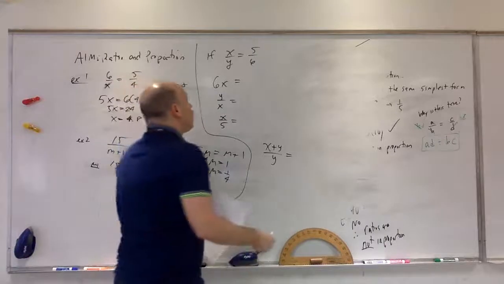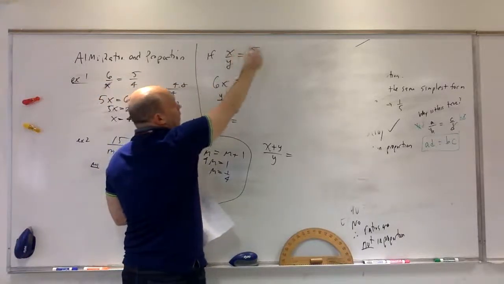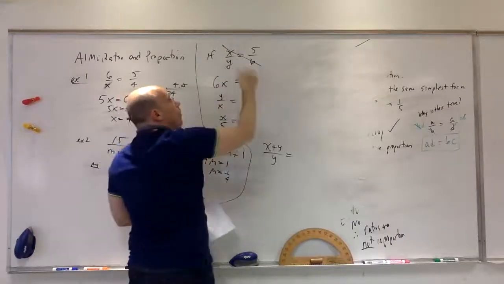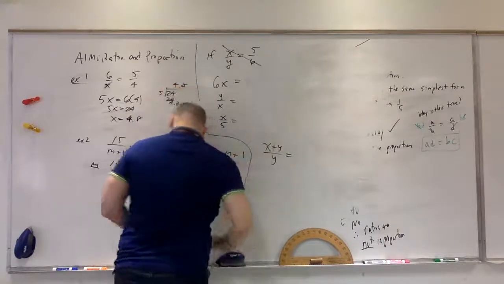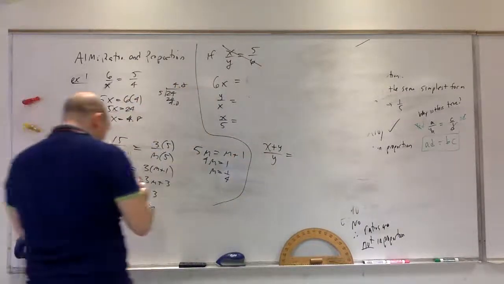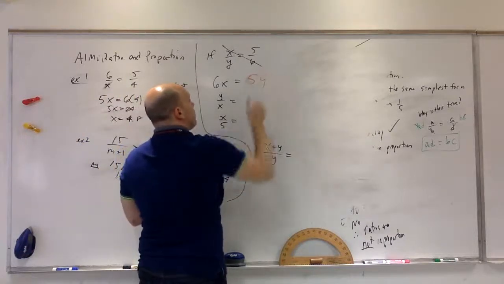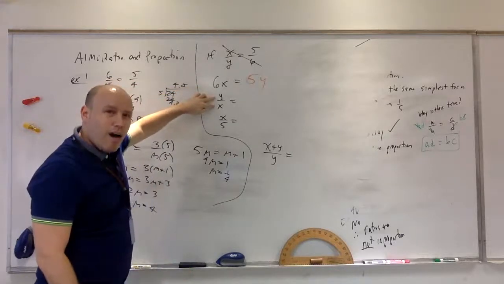Okay, we're back. So, let's see. We know that x over y equals 5 over 6. Well, I cross-multiply here. So I know that 6 times x equals 5 times y. So I know this is 5y. Y over x. What do you think?